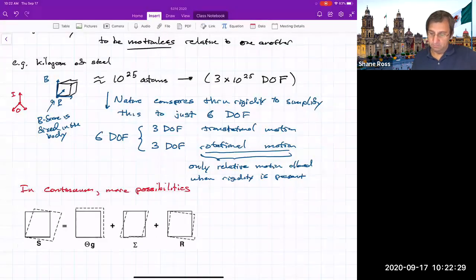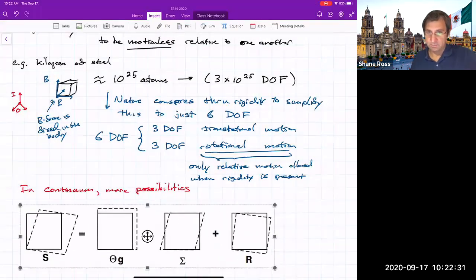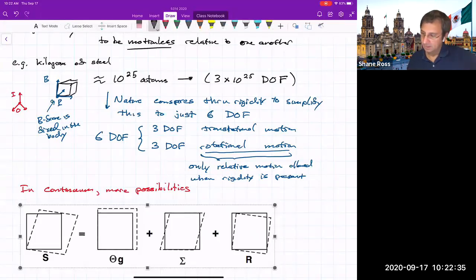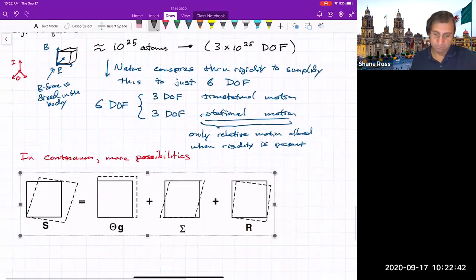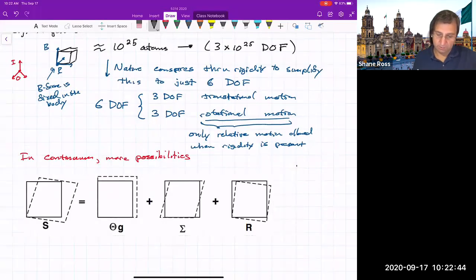Right, if you have a little piece of material, this is just a schematic in 2D, then an arbitrary deformation, that's this thing that I'm showing on the left. So this is an arbitrary deformation.